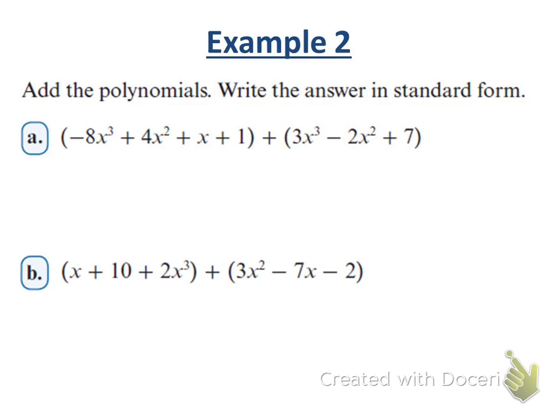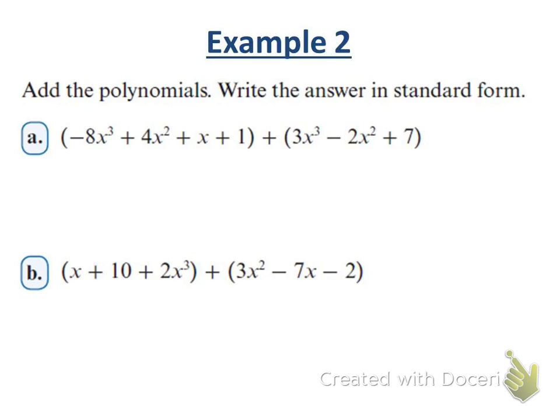Same thing, right? Because we're adding these terms, the parentheses are not important, because there's nothing to distribute. So we can just ignore that the parentheses are there and identify our like terms.